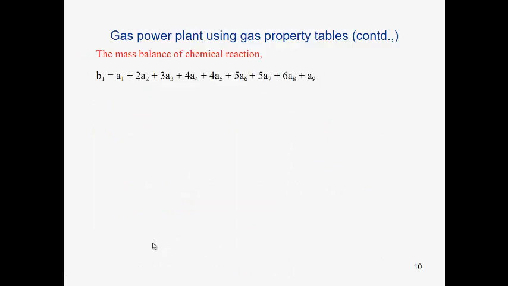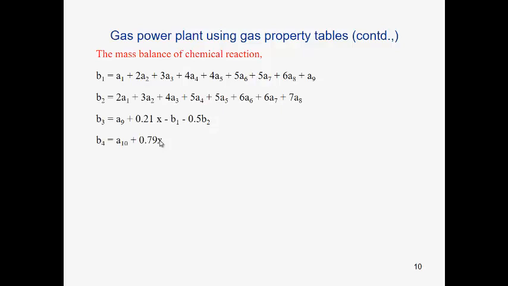The mass balance of the chemical reaction, that is C balance, H balance, O balance, and N balance, results in 4 equations for B1, B2, B3, B4. But here, out of these 4 equations, x is an unknown value. So to solve for x, the energy balance is required.